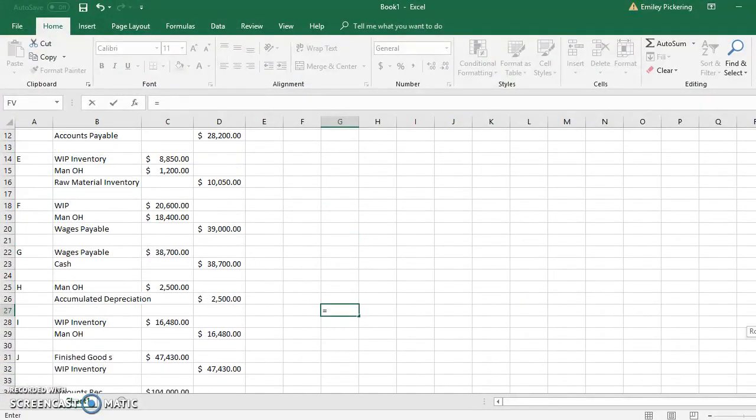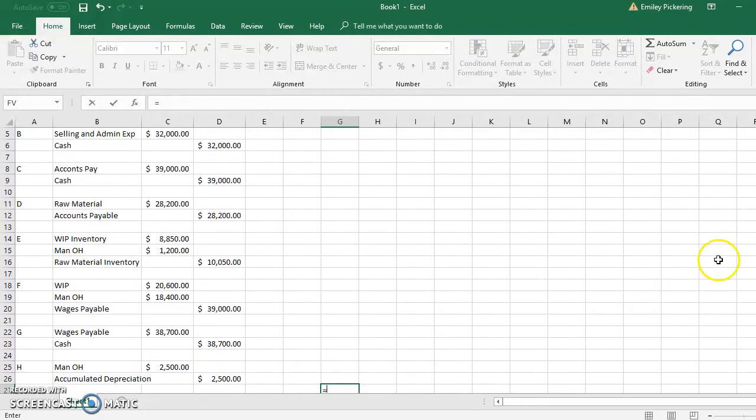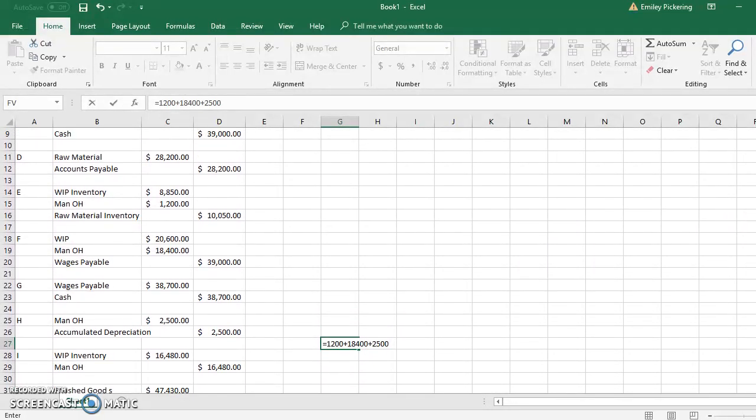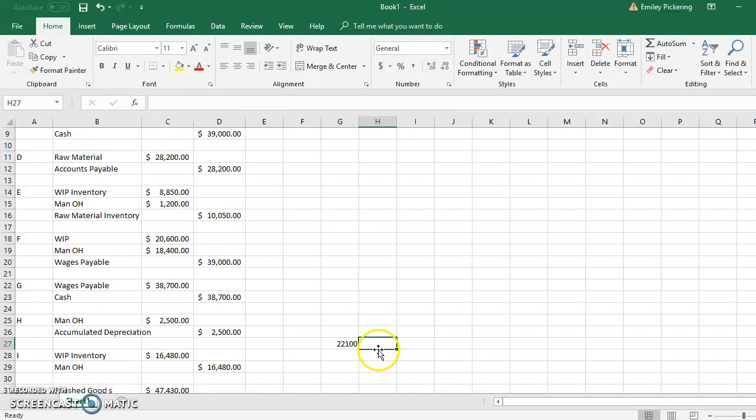So we had the 1,200 in here in overhead. We had the 18,400. We had the 2,500 for depreciation. I probably should be doing a T account for this. So that was our actual expenses.